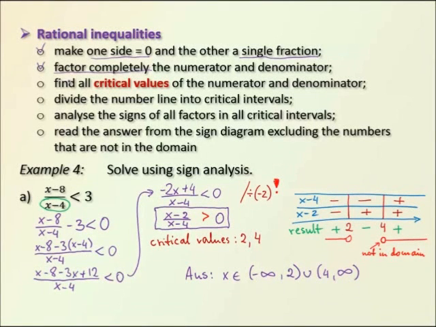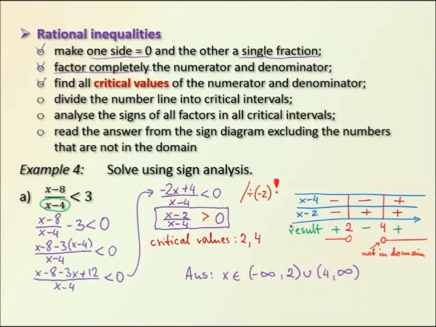So again, review the steps. We made one side equal to 0, and we made sure that we have a single fraction on this side. We factored completely if needed. In this case, it wasn't really needed, but you may have higher degree polynomials and you may need to factor them. Then we found critical values, the zeros from numerator or denominator, 2 and 4 in this case.